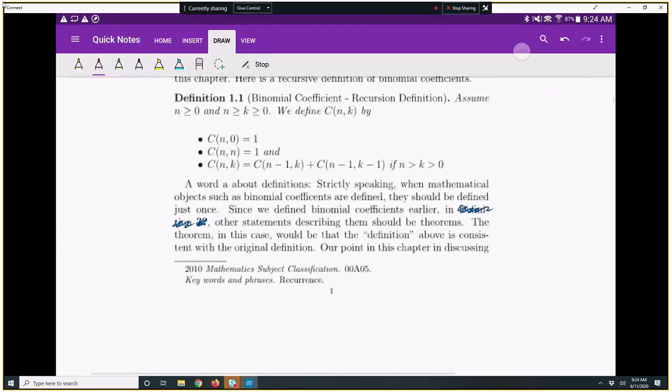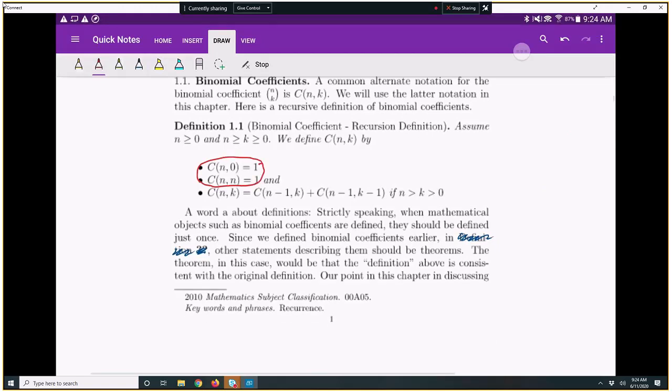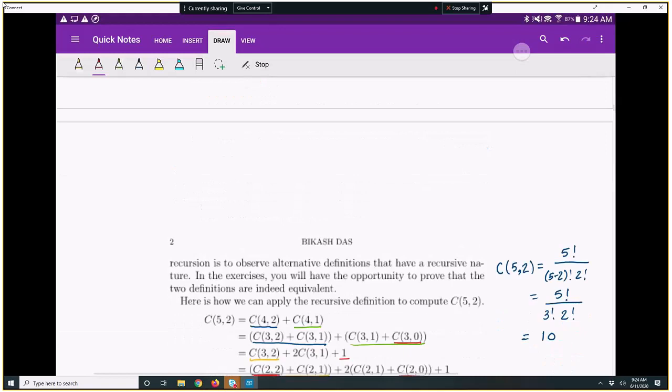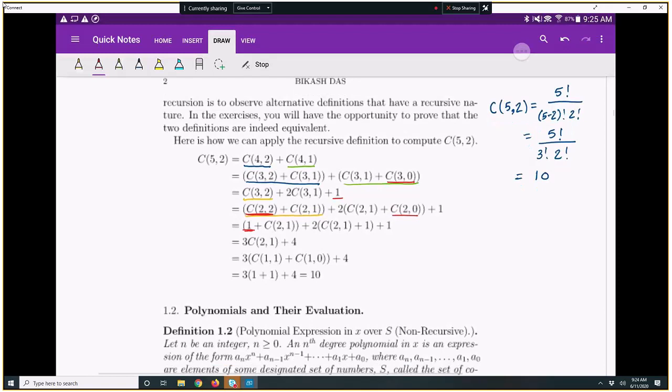So we're using these two facts, that n choose 0 is 1 and n choose n is 1. Anytime that we get to an n choose 0 or an n choose n, we just go ahead and replace it by 1. And otherwise, we just keep breaking down the terms until we get everything in this form.